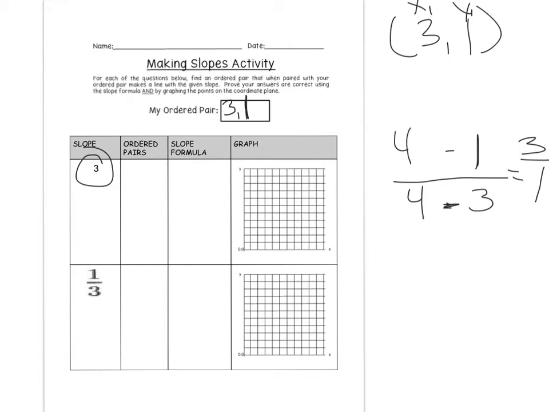So if I look at this, if I have the ordered pair 4, 4, and I subtract the ordered pair 3, 1 and find my change in y over my change in x, I am left with this slope of 3 over 1. So I know that I did this correctly. Now that I've found my second ordered pair, I'm going to go ahead and put that on my worksheet.